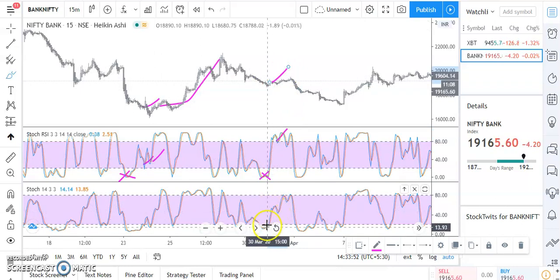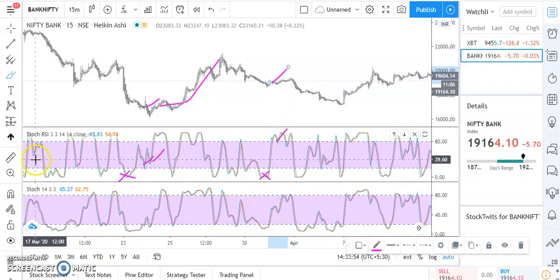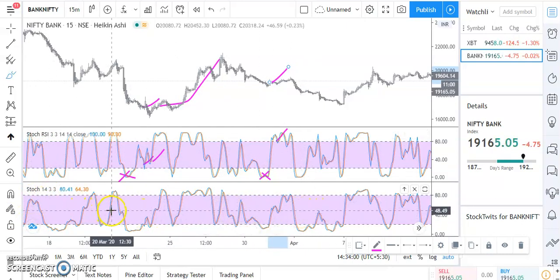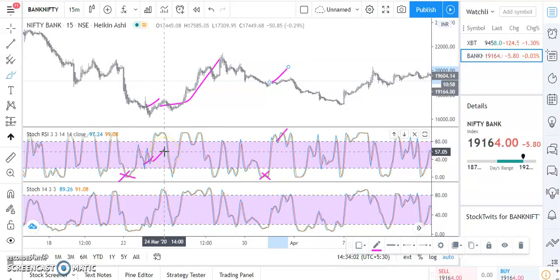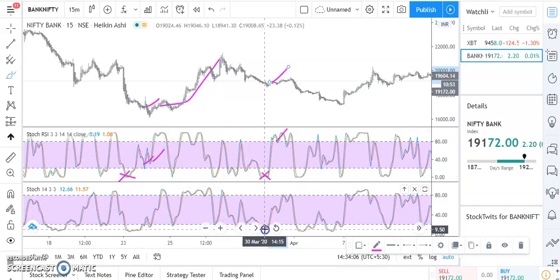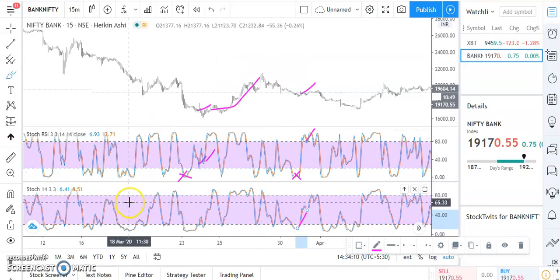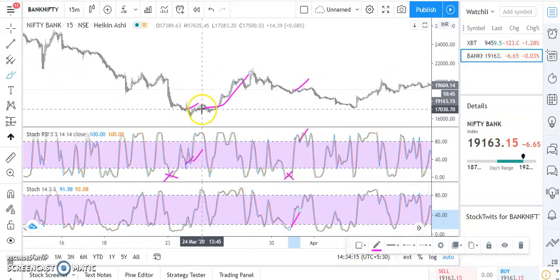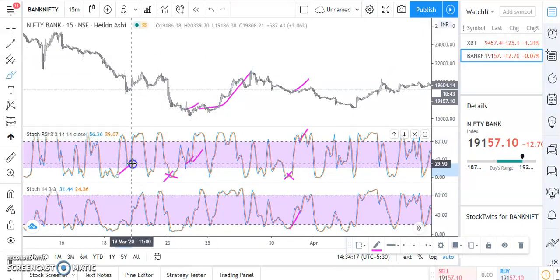Even here, you can have stochastic RSI and stochastic both, which act as support to one another. You can cross-check whether we got an elevated crossover here or here, and based on that you can start to trade. Always when you find a higher crossover, the price pumped.